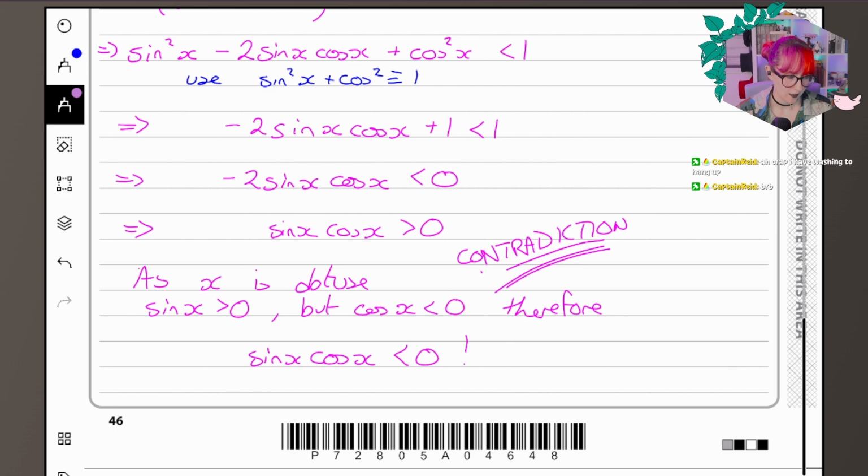Whenever you have a positive number multiplied by a negative number, it becomes a negative number.